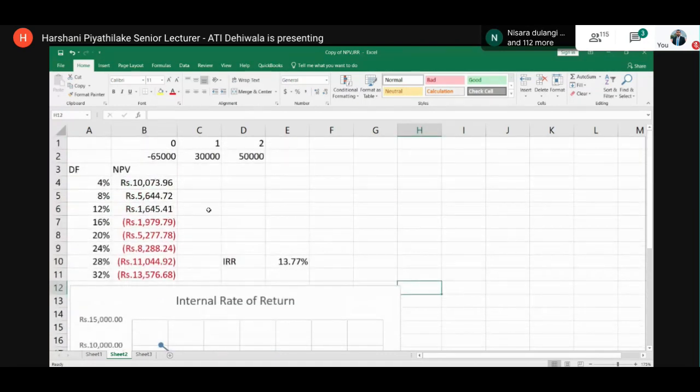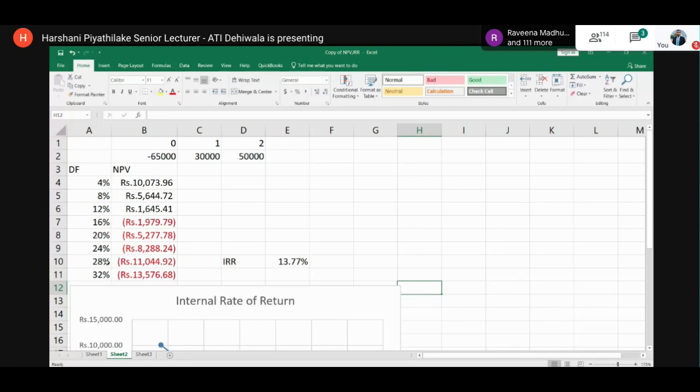See this one, these cash flows. Here we have given that first positive value, then negative value, right? For different discounting factors. I think you have learned not only one IRR for the particular given cash flows. Sometimes it's coming different IRR for different stages, right?